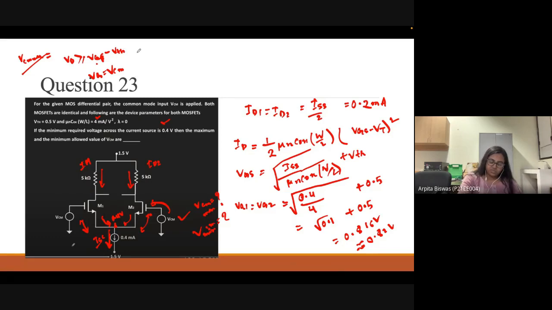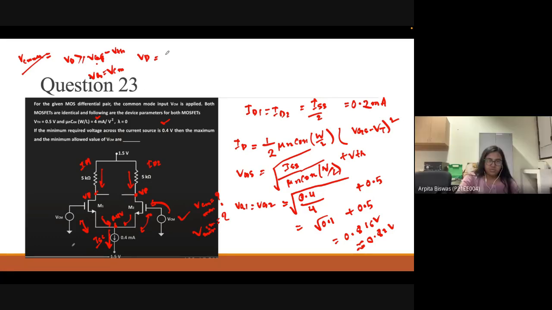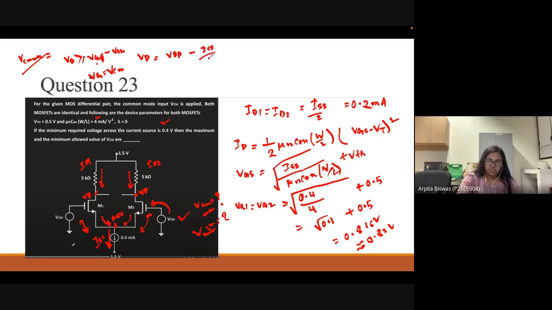So now calculate the value of VD. VD is here, and here also VD. How do we find the value of VD from this circuit? The VD value is VDD minus ISS by 2 into RD. The voltage here is VDD, and the voltage drop is across this 5 kilo ohm resistance.